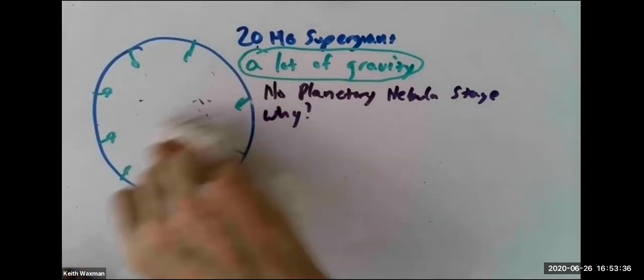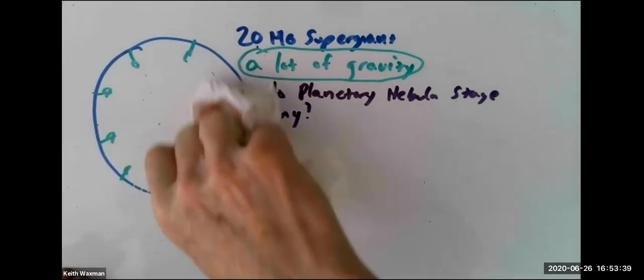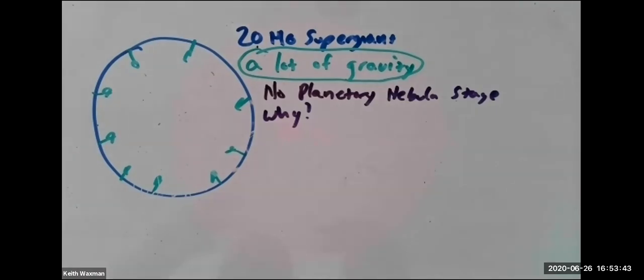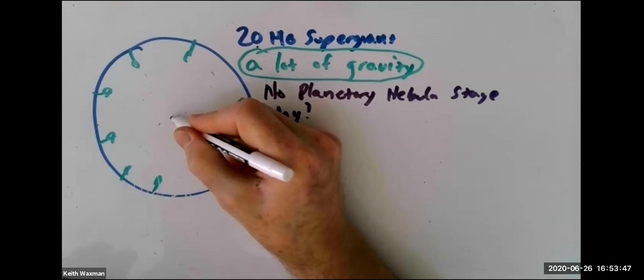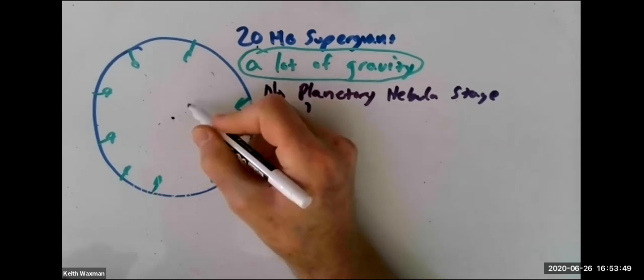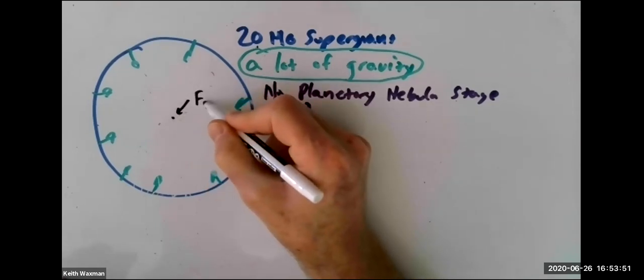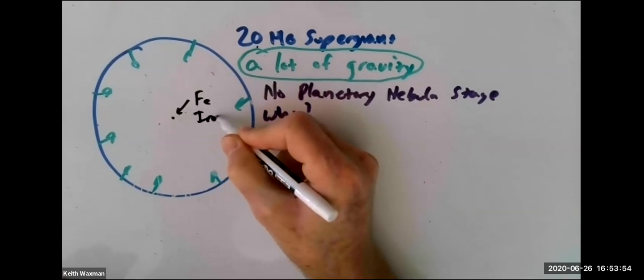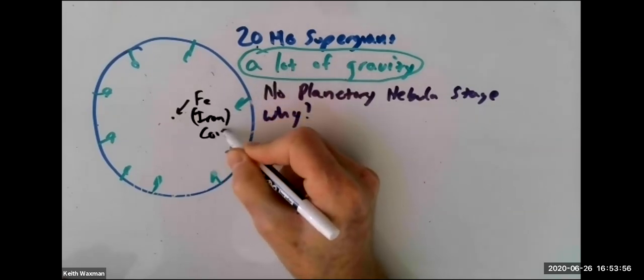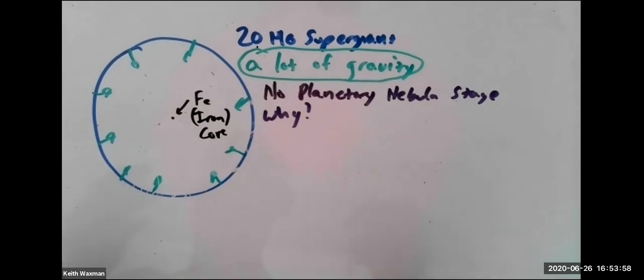And let's see what this is going to look like. Again, my picture is not really representative of what things look like, but you can make a much better one than me. So the core now, it's small. We're going to say this is a Fe, which is iron, core. Now, iron gas, dense iron gas, very compressed though.